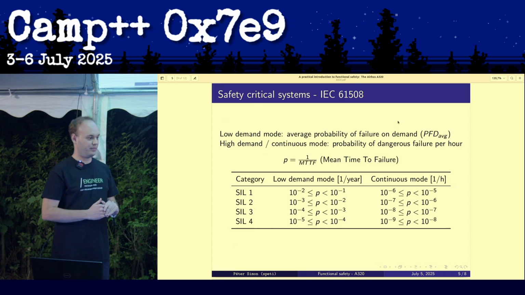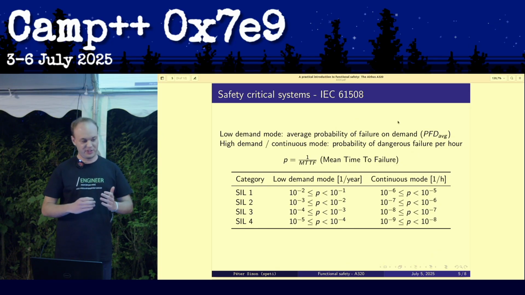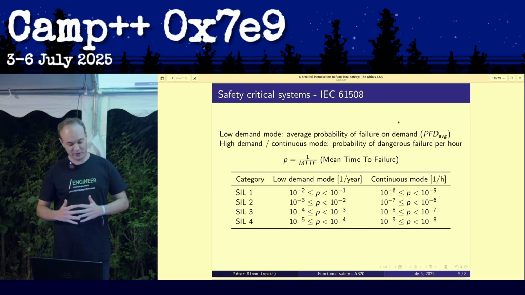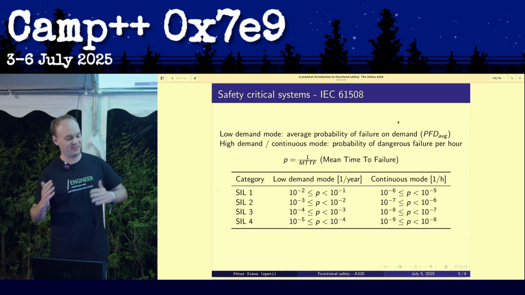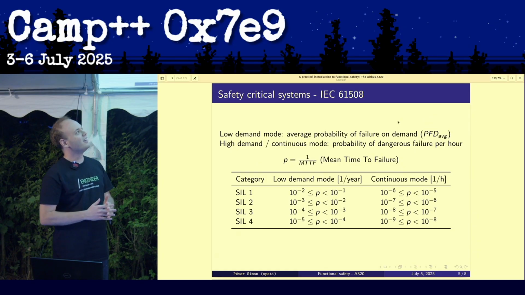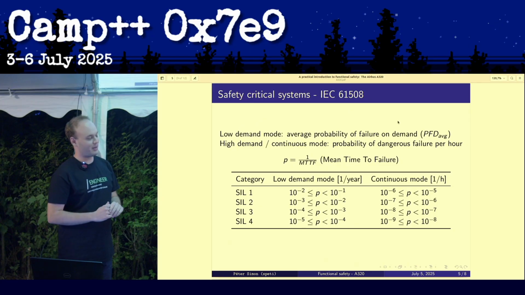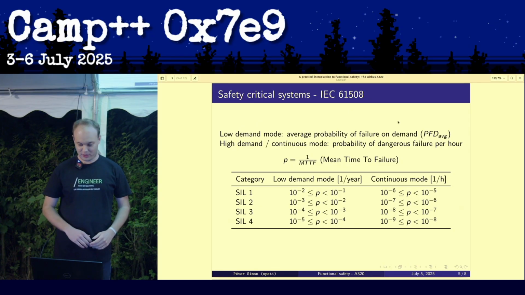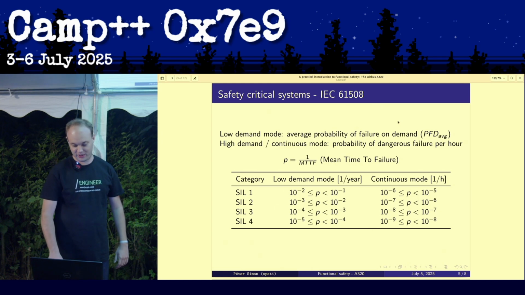But let's say you have an ECU in a car that controls an airbag. The ECU itself is continuously operating, but it only has to deploy the airbag sometimes. So that's where you use the low demand mode representation to express the probability of failure of those systems.